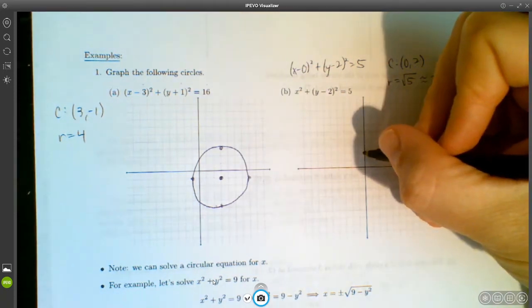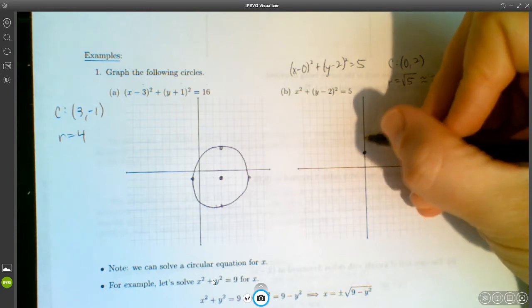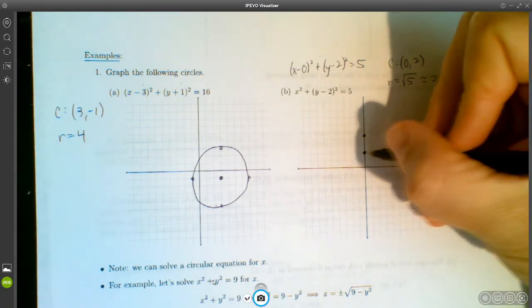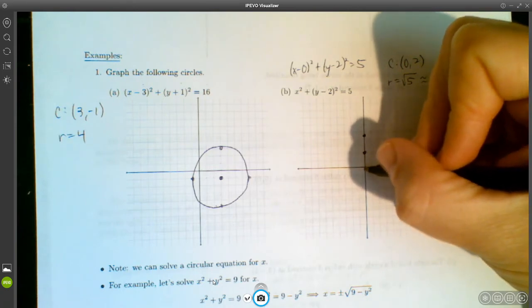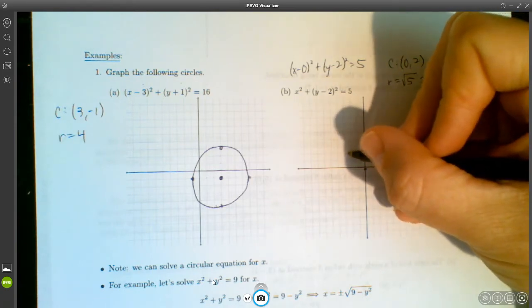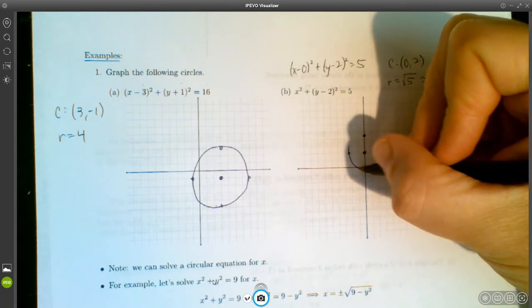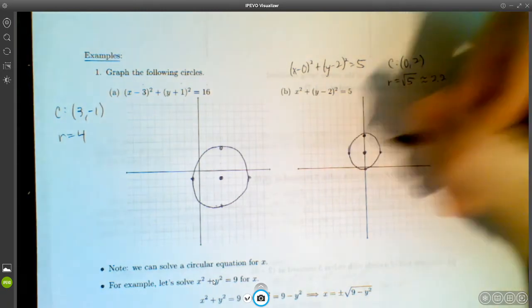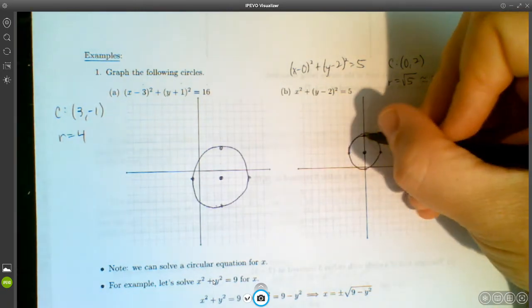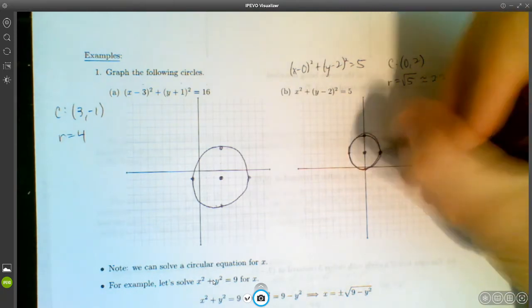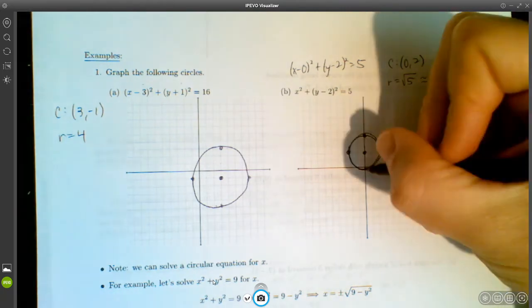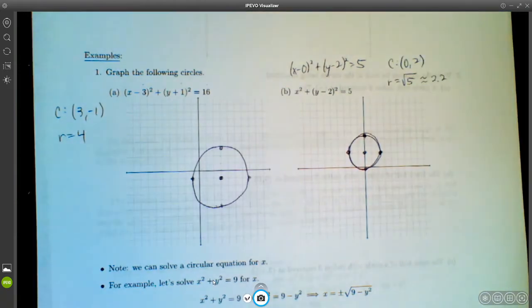So from the center, I'm going to go up 2.2, right 2.2, down 2.2, and left 2.2. And there you go, there's that circle. Anyway, that's how that works.